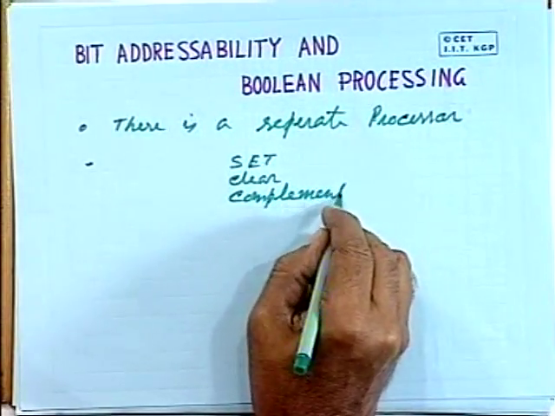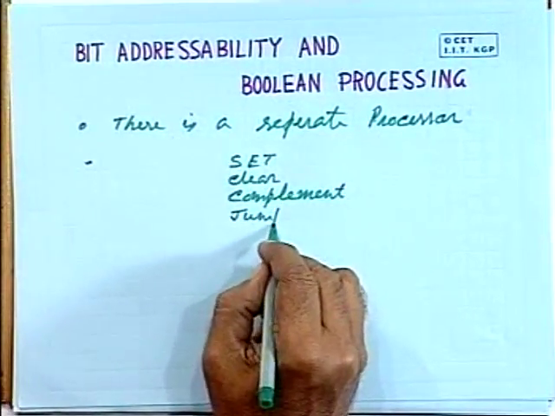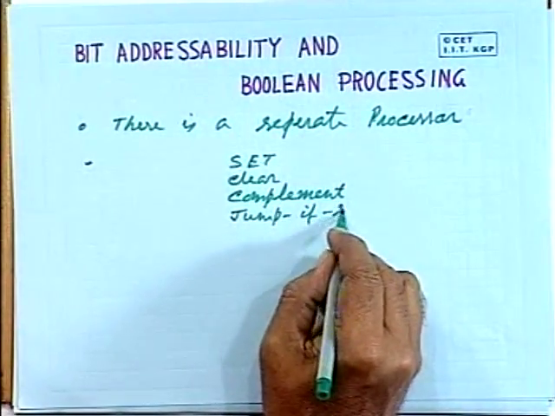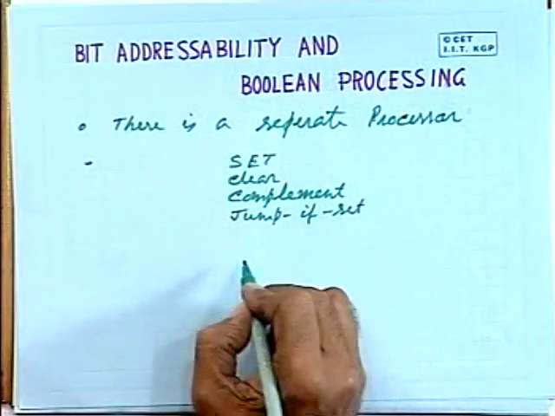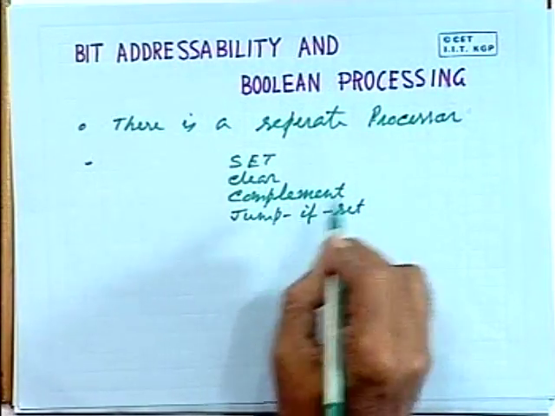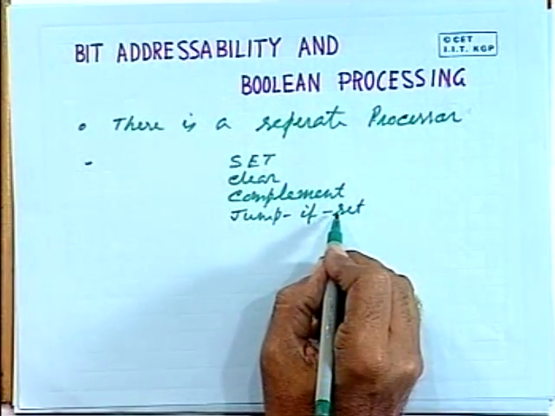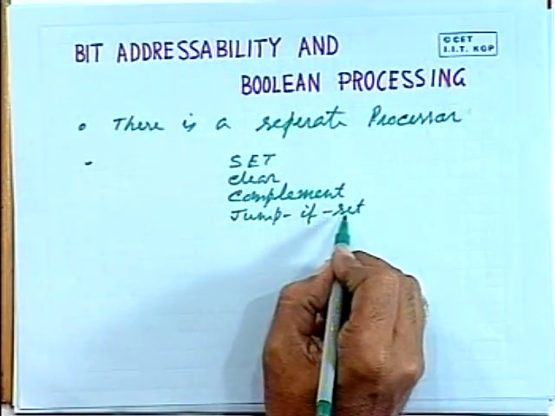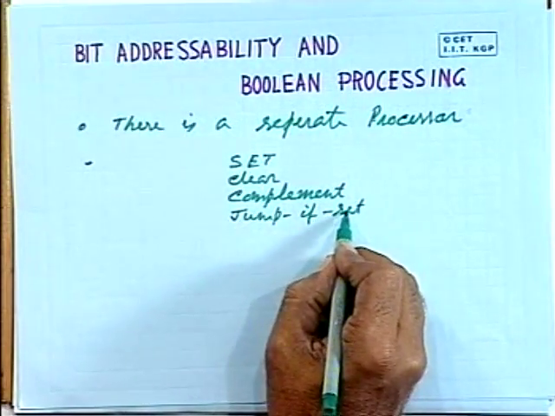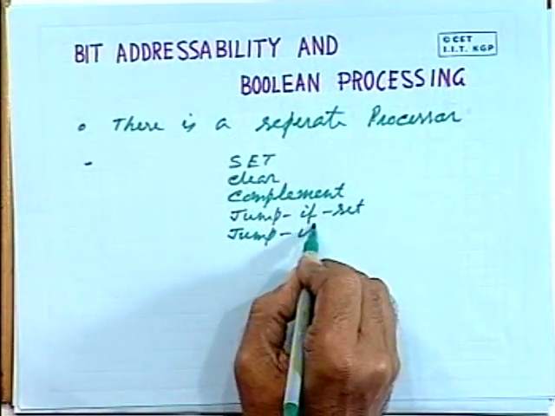Not only that, you can perform jump if set. If a particular bit is set, then based on that you can jump to a location. That means conditional jump instructions are available, and for any of these bit addressable locations, you can jump if it is set, or jump if not set.